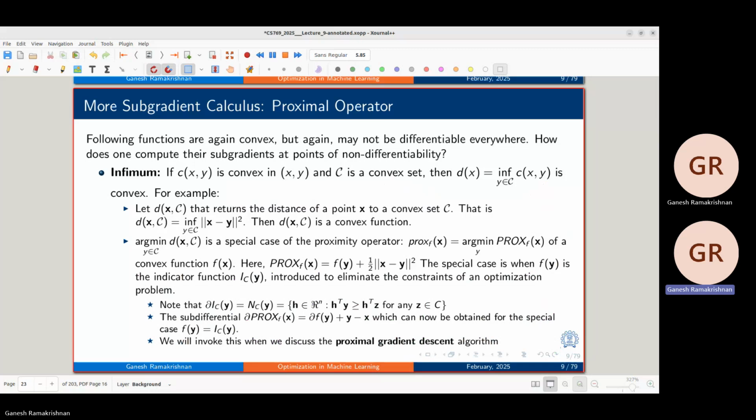This is the prox for the one norm function. But if you replace the one norm function with some other function, you will consider its subdifferential plus y minus that simple gradient.